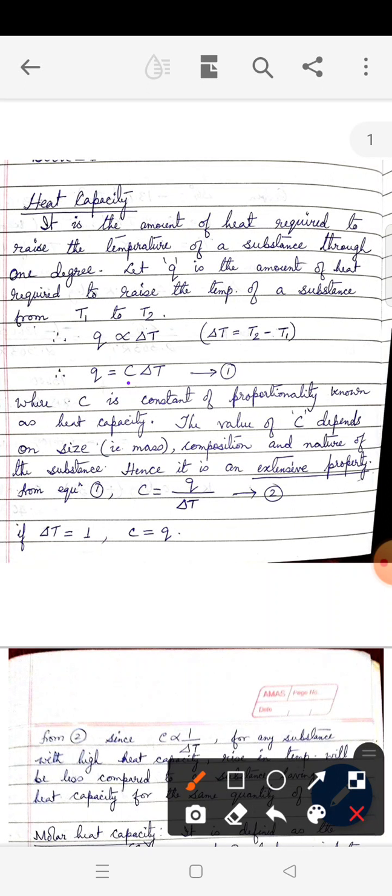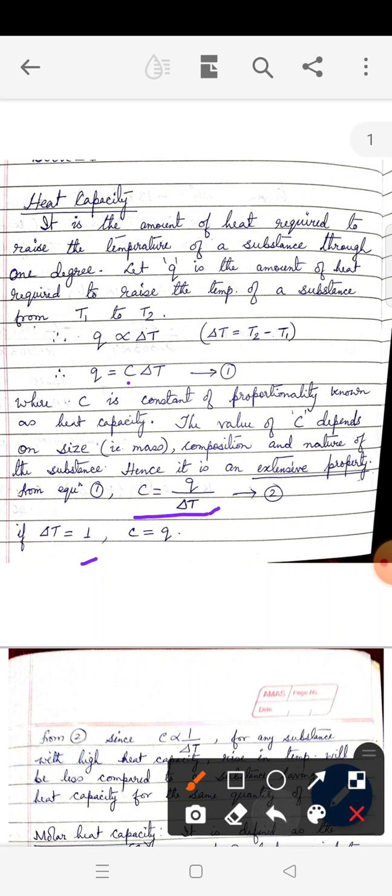Now you see here the value of C can be defined as C is equal to Q divided by delta T. That means if delta T is 1, that means if the rise in temperature is 1 degree, then the value of C is equal to Q. So now you can correlate with the definition. Heat capacity is the amount of heat required to raise the temperature of a substance through 1 degree.